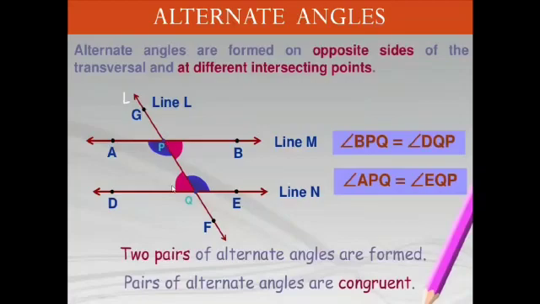These two angles are also called alternate exterior angles. Like corresponding angles, these alternate angles are also equal for parallel lines. I repeat, if two lines are parallel, their alternate angles will be equal.